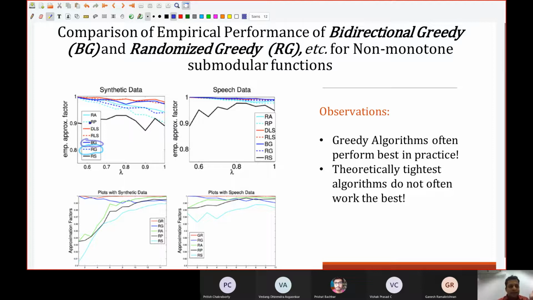So in practice, you'll find that simple plain greedy, the one in red, is doing better. Is that clear? So greedy algorithms often perform best in practice without randomization. And theoretically, for non-monotone we didn't find any guarantee as such for normal greedy, but yet it's doing well.